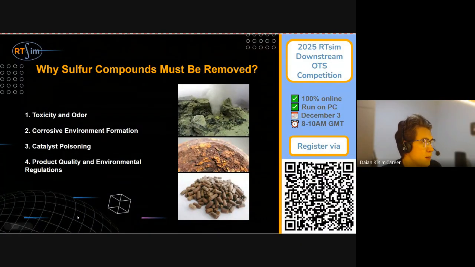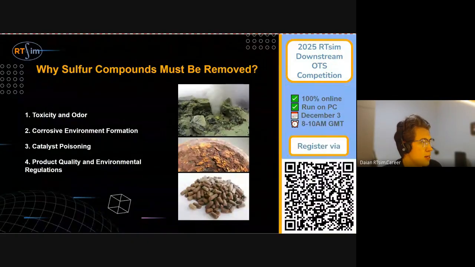And catalytic poisoning. Mercaptans and other sulfur compounds are poisons for refinery catalysts used in reforming, cracking, and hydrogenation.